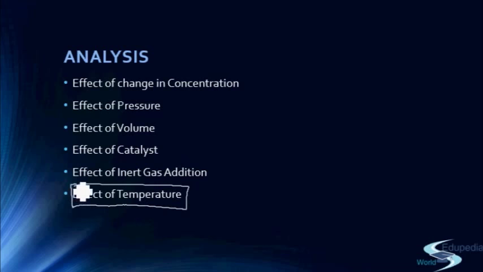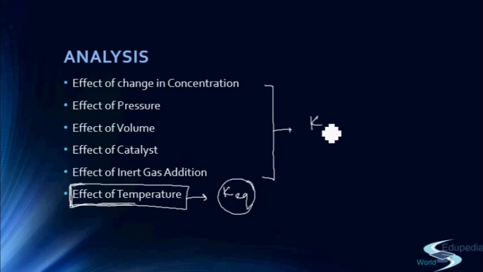Though we'll look at the effect of temperature from the perspective of Le Chatelier's principle as well, here the equilibrium constant changes, as we have studied that the equilibrium constant is a function of temperature. So if I change temperature, the effect will be a change in the equilibrium constant itself. But in the rest of the cases, the equilibrium constant cannot change. Even if I make changes in concentration, pressure, volume, catalyst, or inert gas addition, this value will always remain constant.